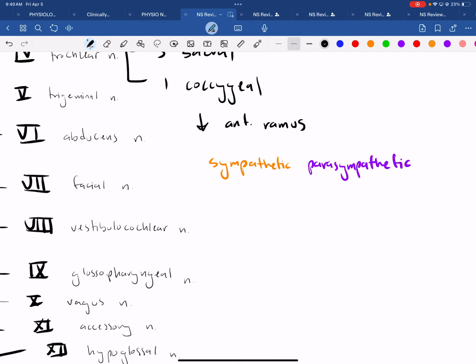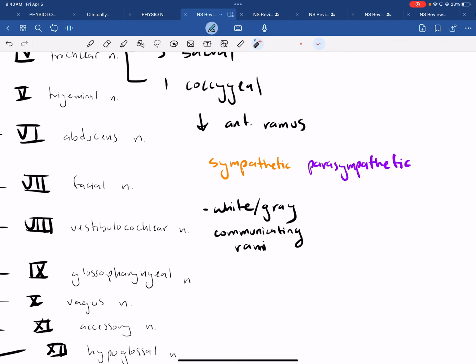These are called the white and gray communicating rami, for the sympathetic nervous system. So the anterior ramus gives off these bits of neural tissue, the white communicating ramus and the gray communicating ramus.